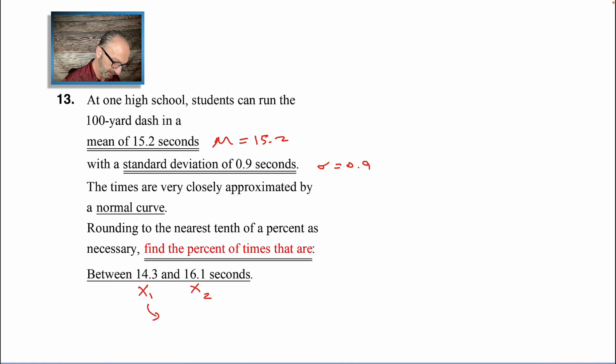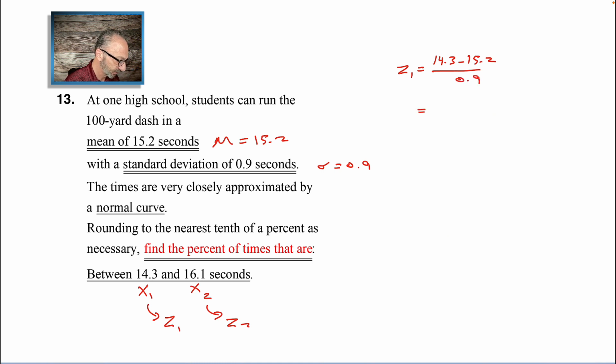So we need to convert that to z1, convert that to z2, and we'll move on. So z1 equals x minus x bar over sigma. So we have 14.3 minus the mean, which is 15.2, over 0.9.